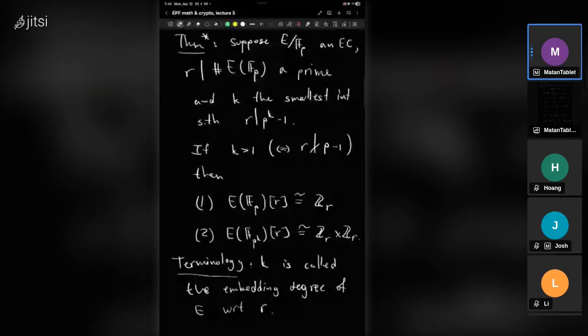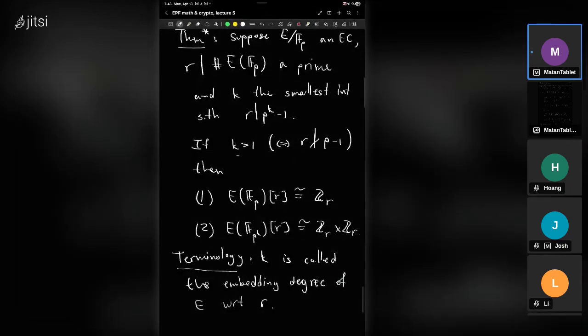You want to choose a curve in which K is reasonably small. There are methods to choose specifically these curves. If you just randomly select a curve, the chances you will get what is called a pairing friendly curve are basically close to zero. But you can engineer it so that you still find an infinite family of curves that satisfy your various assumptions.